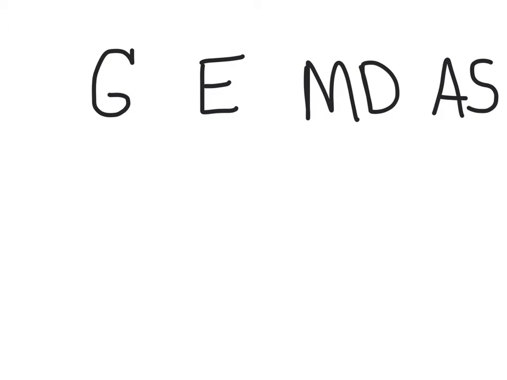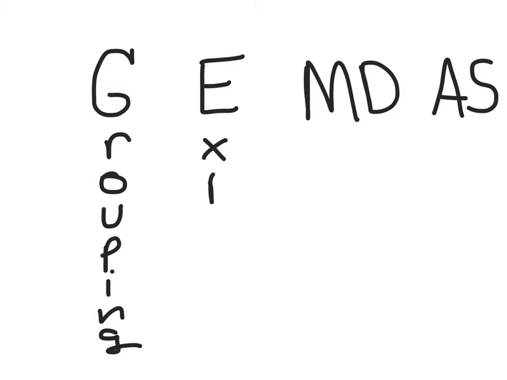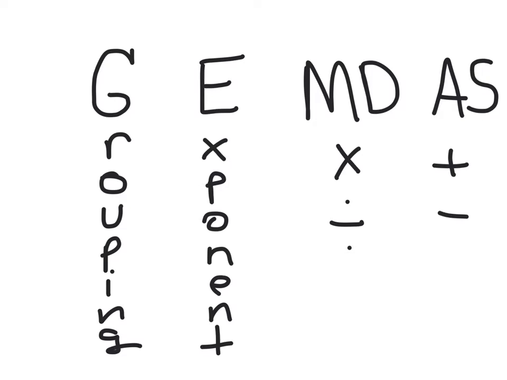What that stands for is G is grouping symbols, E is exponents, M is for multiplication and division, A and S is for addition and subtraction. This is the order that we're going to solve all our problems today.